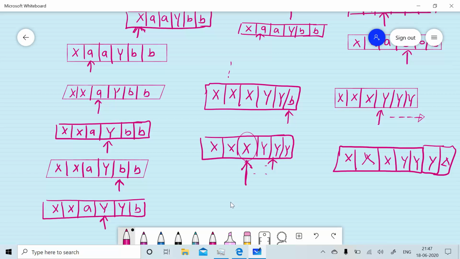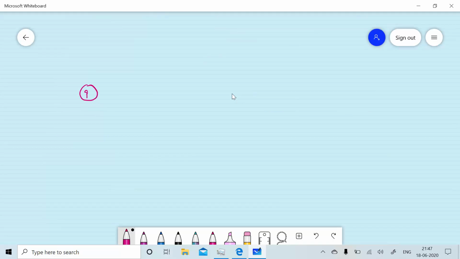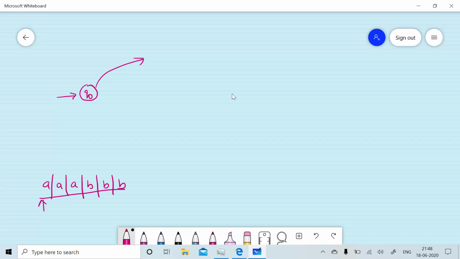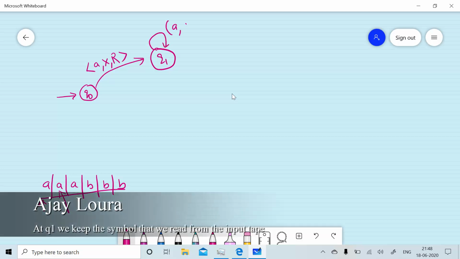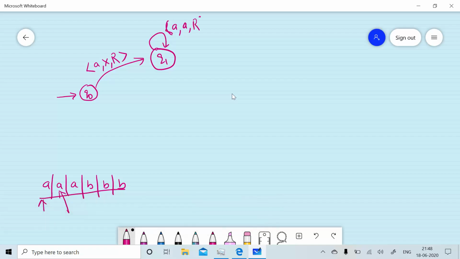Now we will convert this logic into the design of the Turing machine. Let's suppose Q0 is our initial state. We will read the first A, replace it by X, move toward the right, and move to state Q1, and our read write head is pointing to A. Now we will search for B. If any symbol occurs in between, we will replace it by A and move toward the right hand side.